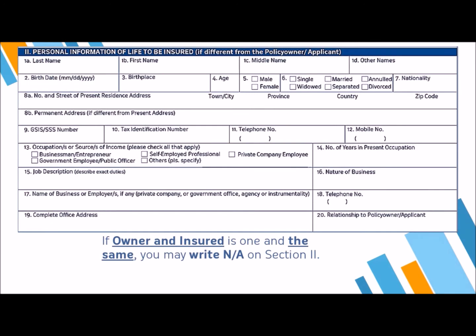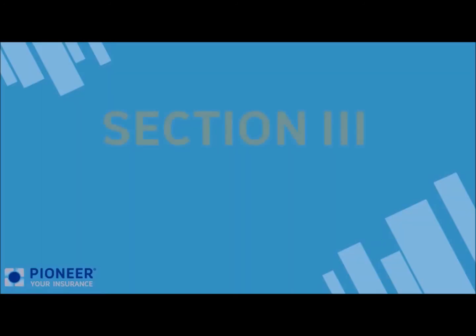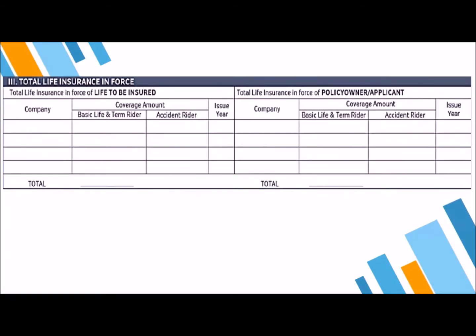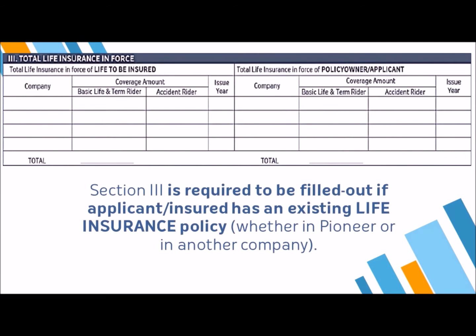If owner and insured is one and the same, you may write NA on this section. If otherwise, complete all fields. This part is required to be filled out if applicant insured has an existing life insurance.